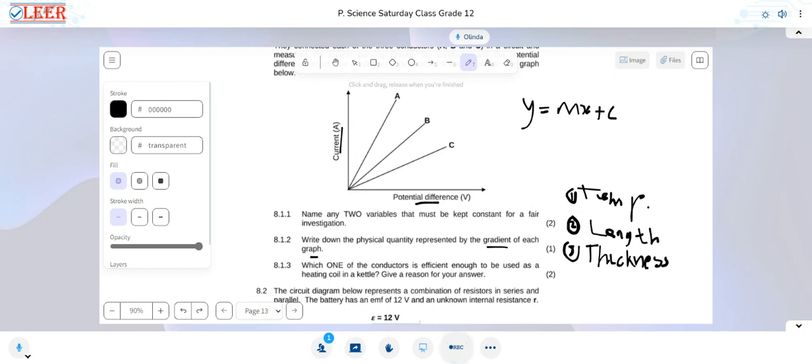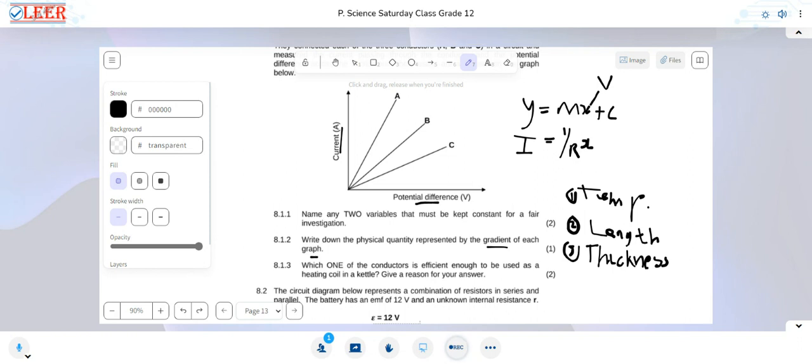If you have a graph, then you should be able to derive an equation. So we have y, which is equal to our current, I. M is our gradient, which is 1 over R, times x, and x is equal to our voltage.